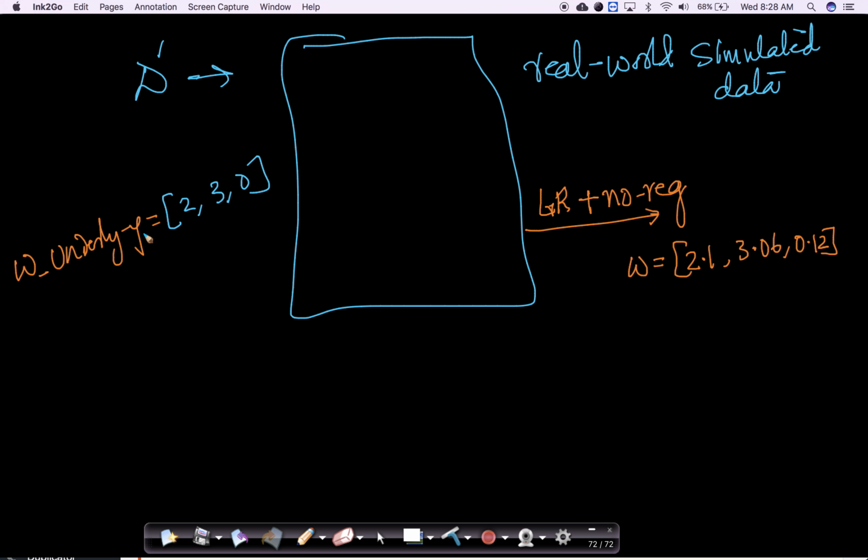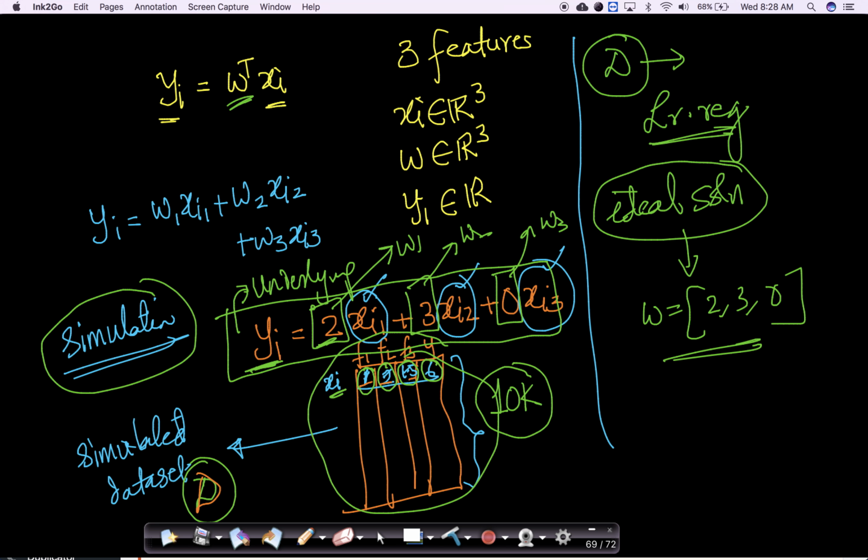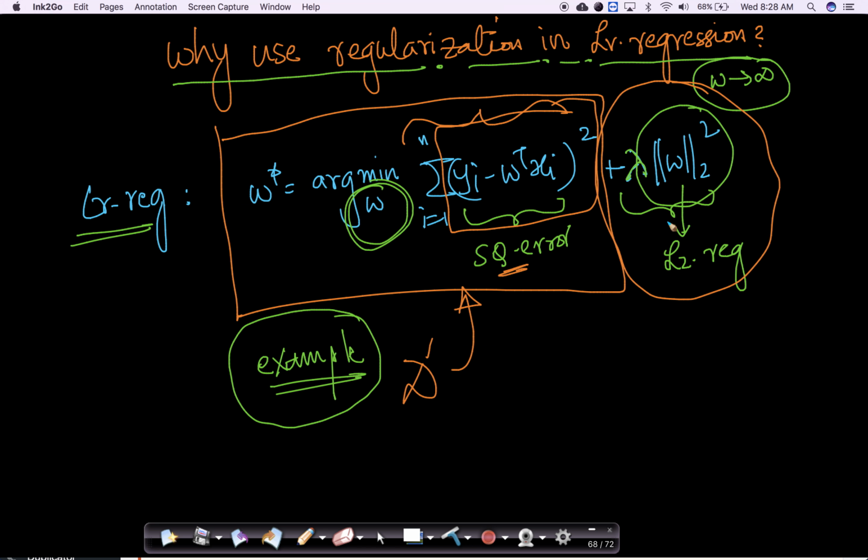Because there is noise introduced in the data. When there is noise in the data and no regularizer, all it's trying to do is to minimize the squared error. It is trying to minimize this gap between yi and w transpose xi. And in doing so, it will obtain weights which are not the same as the underlying weights.